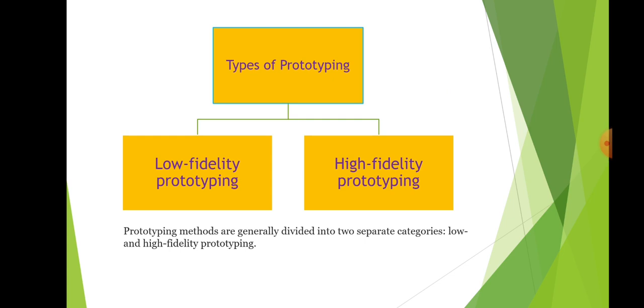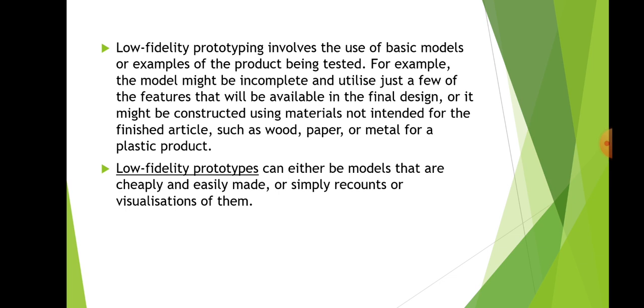Here we distinguish 2 types of prototyping. The first type is low fidelity prototyping, and the second, high fidelity prototyping. Prototyping methods are generally divided into 2 separate categories: low and high fidelity prototyping. Let's analyze each of these types.